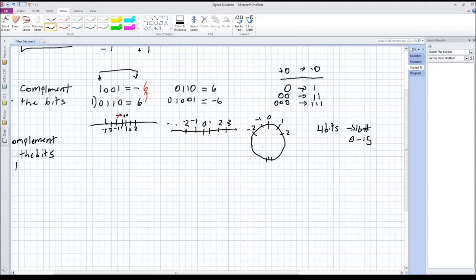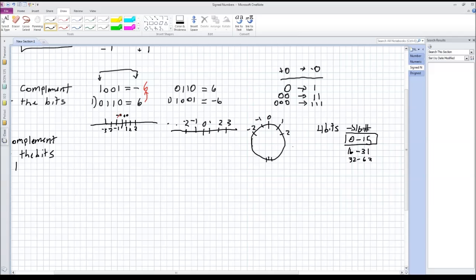So this number circle is going to go 1, 2, 3 all the way up until 15, and it's going to wrap around to 0. We'll never see 16. So in this case, it'll go 16 through 31, 32 through 63, and so on, and they're all technically the same thing as this 0 through 15.